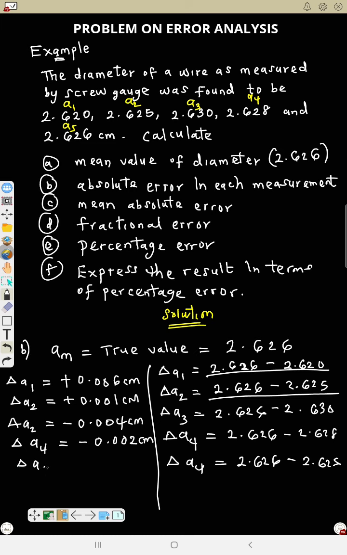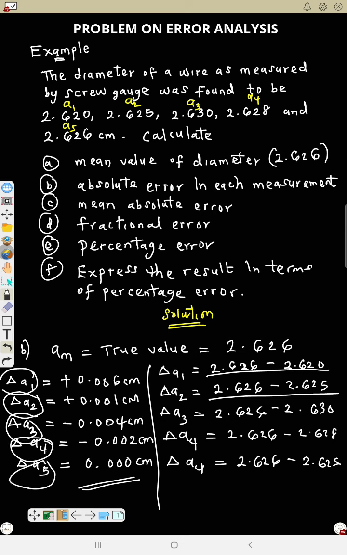Absolute error in the fifth measurement, 0.000 centimeter. So that is the absolute error in each measurement: the first measurement, second measurement, third measurement, fourth measurement, and fifth measurement.